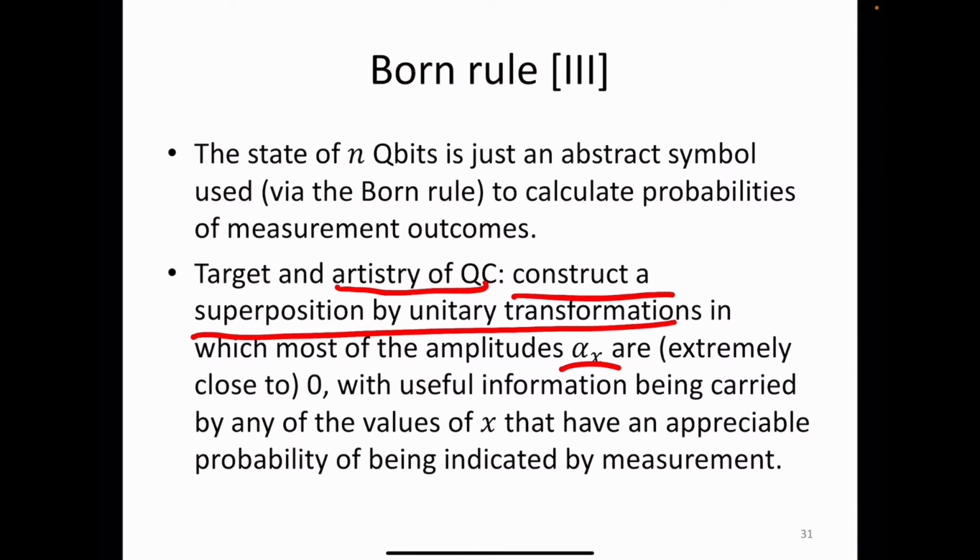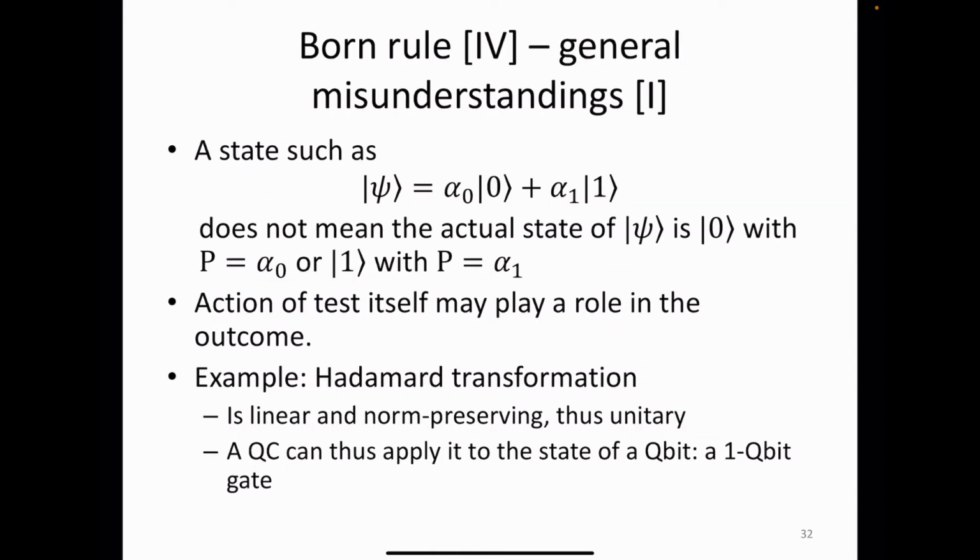So that means in the algorithm that you implement, you must make sure that the measurement outcome with high probability gives you the solution to your problem or lets you learn something about your problem. And this is done by the transformations.